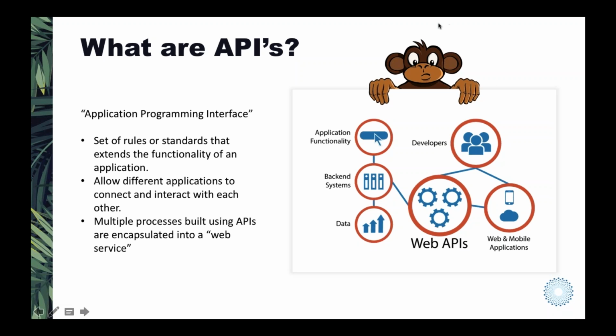APIs allow systems to talk to one another in a very efficient and simplified manner, requesting information, getting information back, and then taking action upon that information, or alternatively posting information into a backend somewhere, which can in turn trigger other actions.